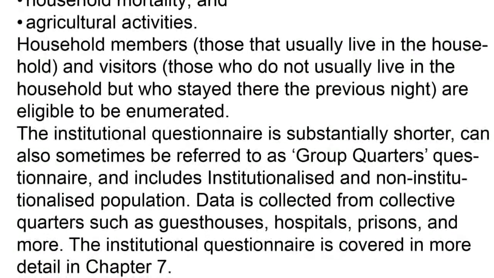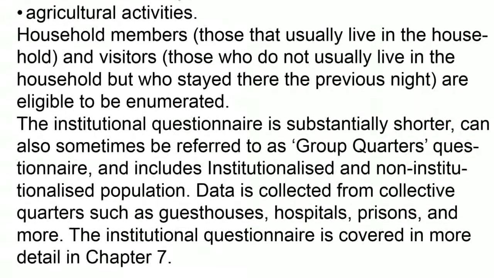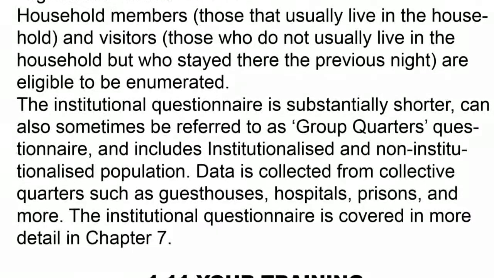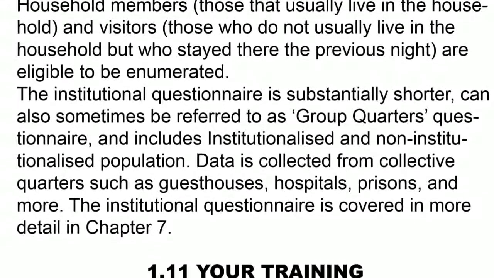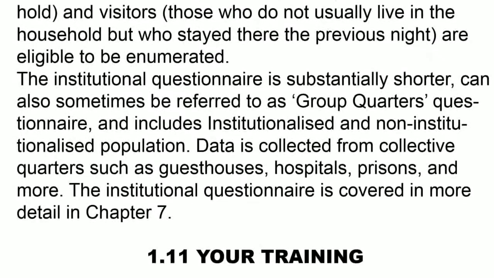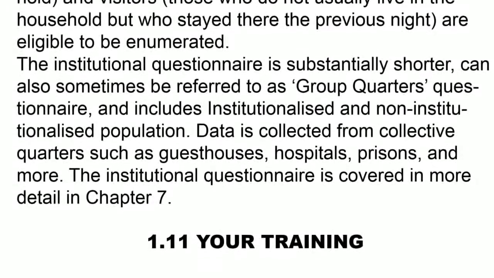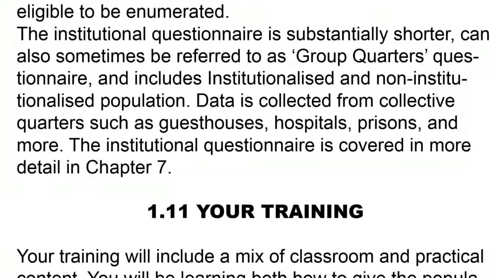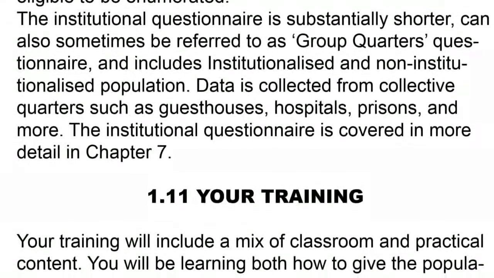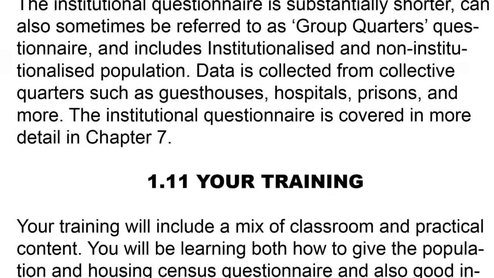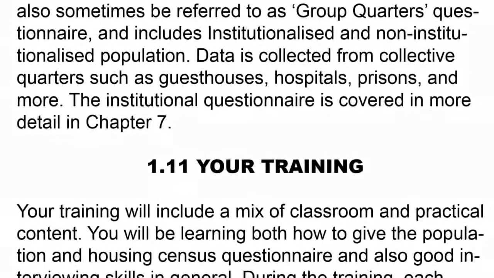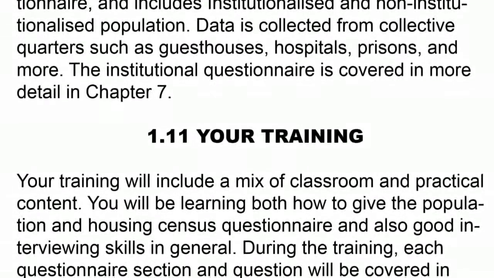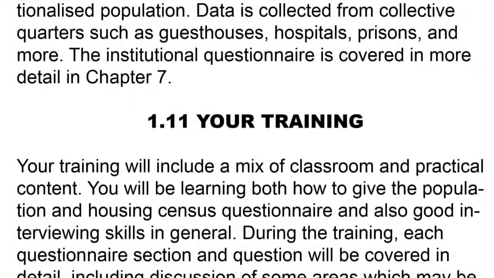The institutional questionnaire is substantially shorter, can also sometimes be referred to as group quarters questionnaire, and includes institutionalized and non-institutionalized population. Data is collected from collective quarters such as guest houses, hospitals, prisons, and more. The institutional questionnaire is covered in more detail in Chapter 7.